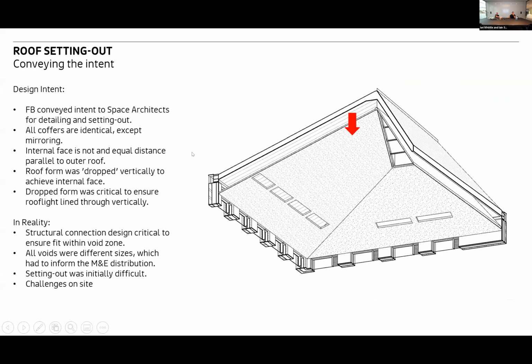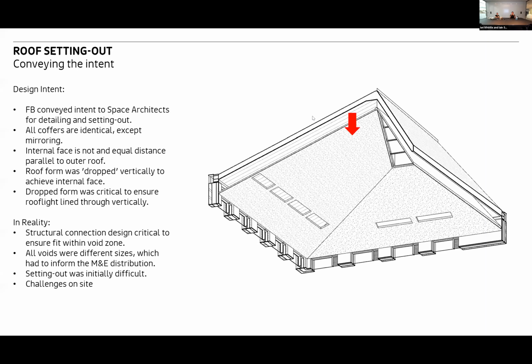When we got to the roof setting out itself, it was complicated to say the least. We had a lot of meetings with Space just to go through the detail and setting it out and how it would all work, because as you can see from the image there, the coffer itself is dropped, so it isn't paralleled in normally, so you don't have the same spaces in each void on each side.